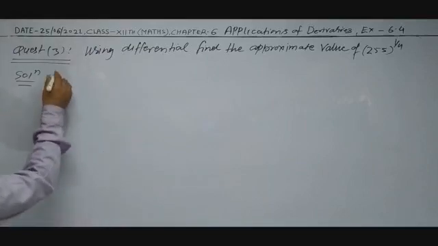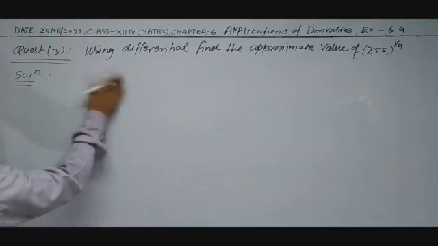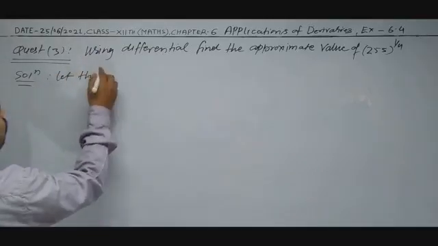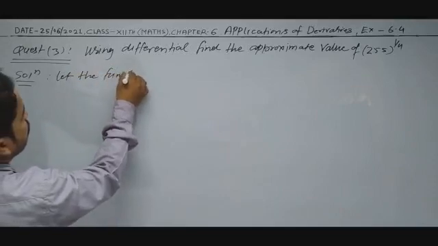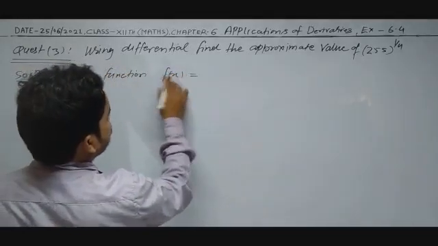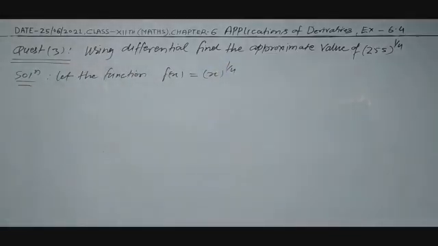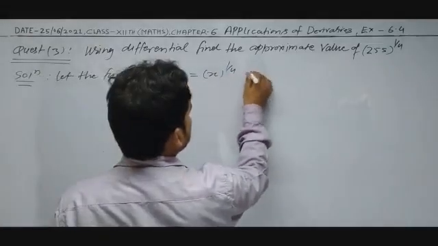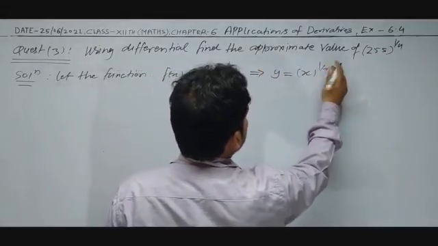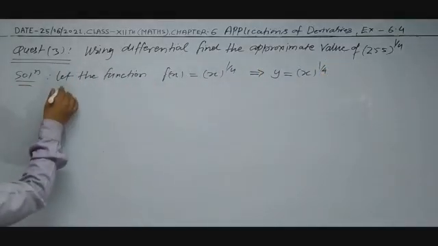So the given function, let the function be of the form x to the power 1/4. So this one can be written as y is equal to x to the power 1/4, and differentiate the function.